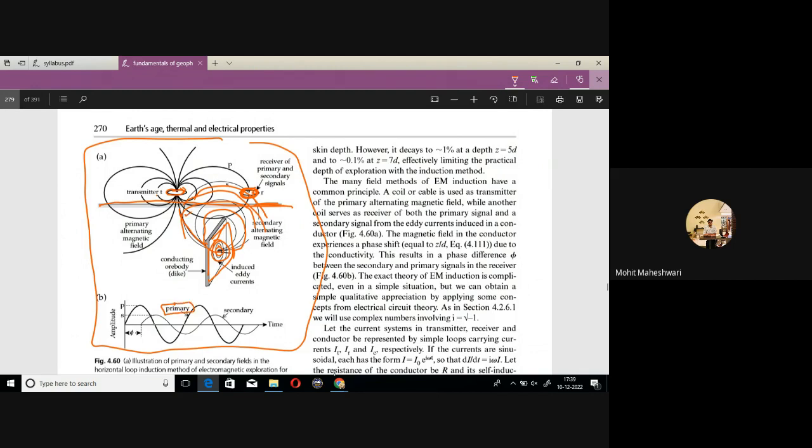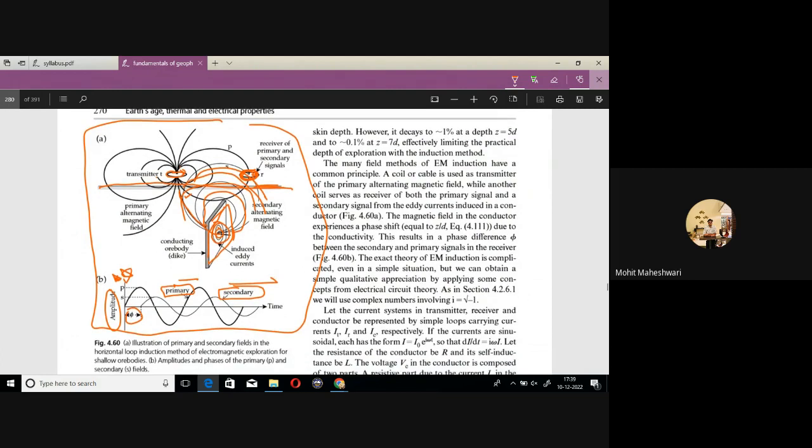Another is the secondary signal which comes from the eddy current, and there is a phase difference phi between the primary and the secondary electromagnetic wave, and there is a difference of amplitude also. These things are very, very important. Okay, so we'll understand how they are important.